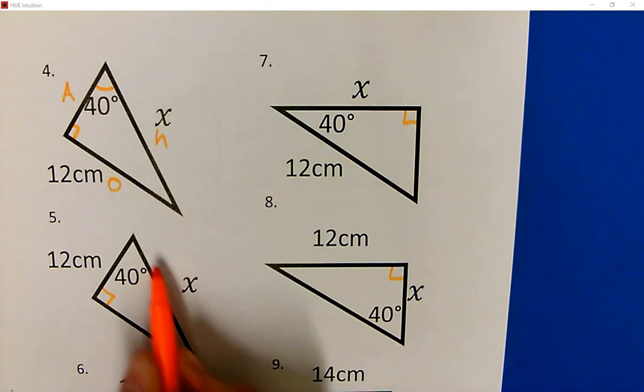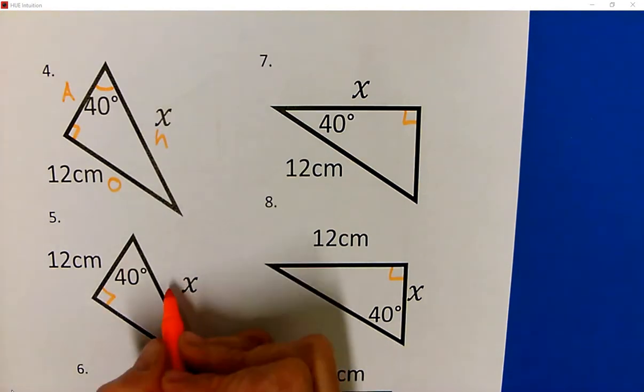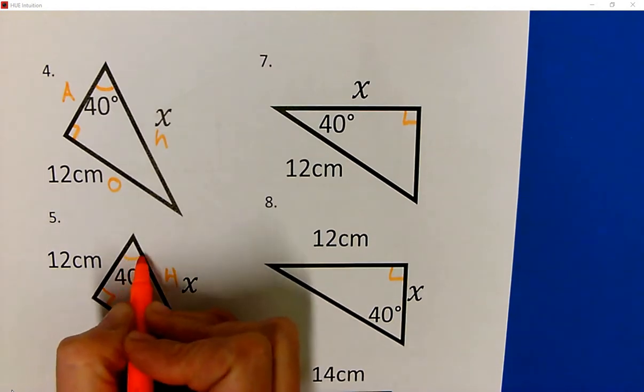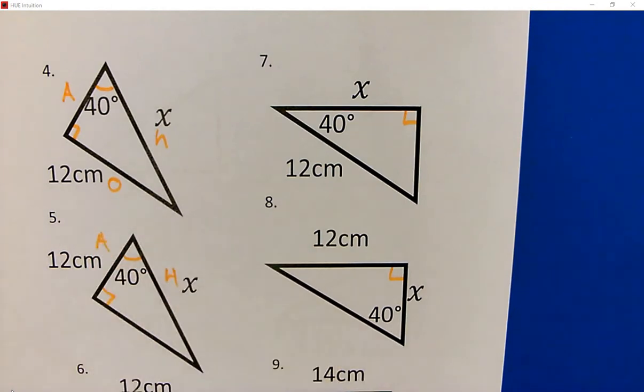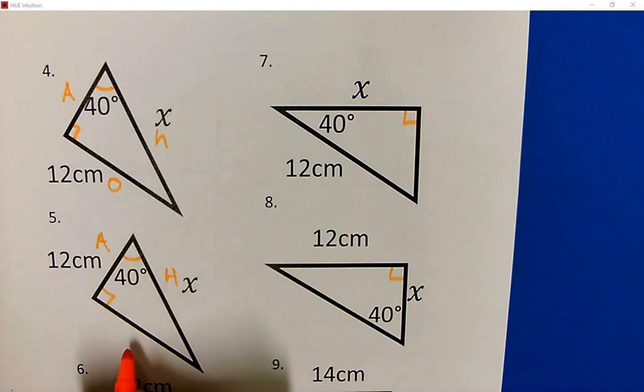Okay, let's look at the triangle down here. So the longest side is opposite the right angle, that's called the hypotenuse. The one that's touching the angle at the other side is the adjacent side, and we have the side opposite the marked angle. That's the opposite.